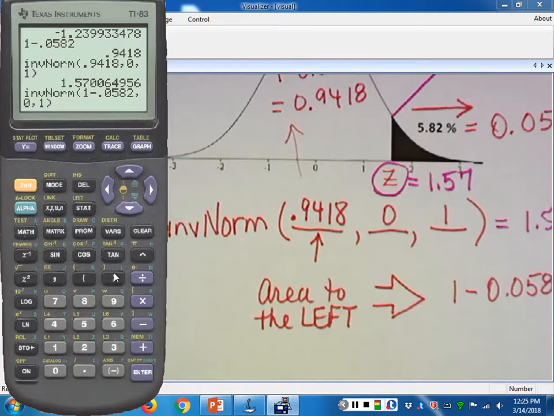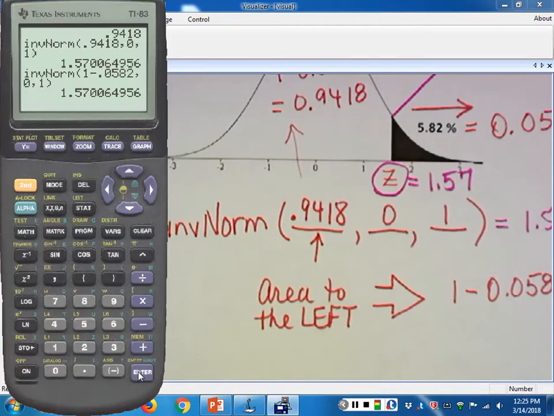Before your calculator actually calculates that z for you, it will first subtract 1 minus the 0.0582, the area to the right, and get the area to the left for you without you having to do that separate step.